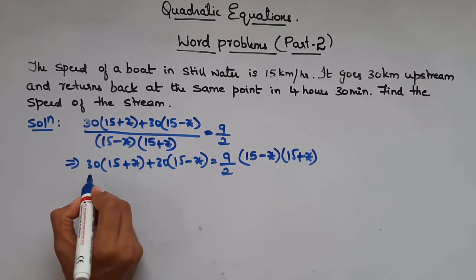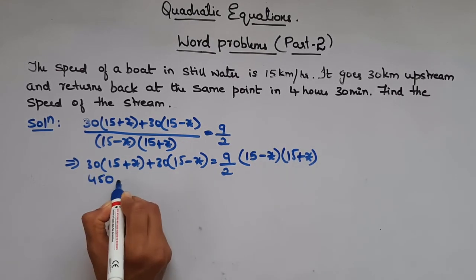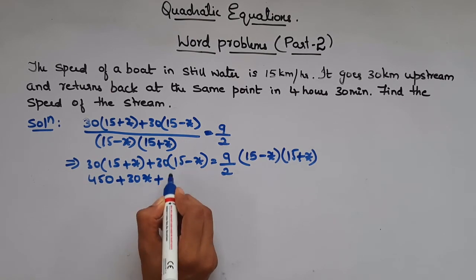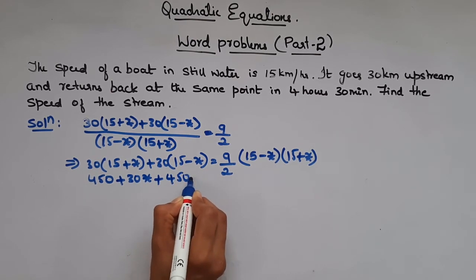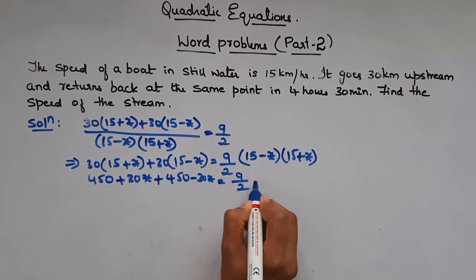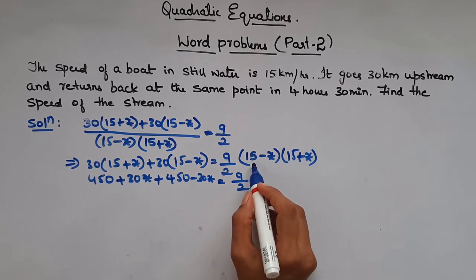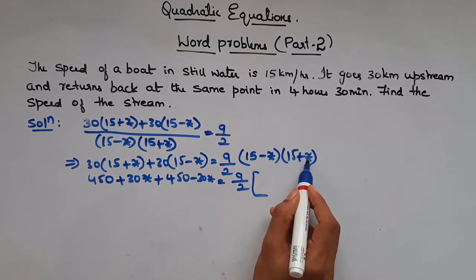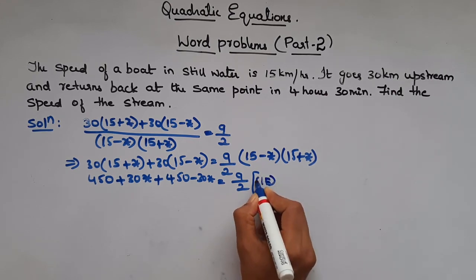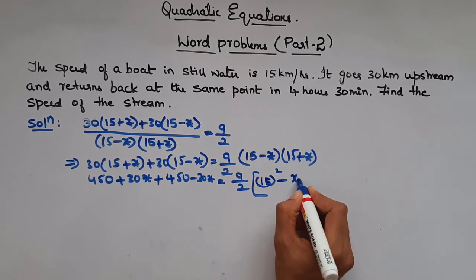So here 30 into 15 is 450 plus 30x plus 30 into 15 is 450 minus 30x is equal to 9 by 2 into, so here if you see a plus b and a minus b, so a square minus b square, right? So a square is 15 square minus b square is x square, right?